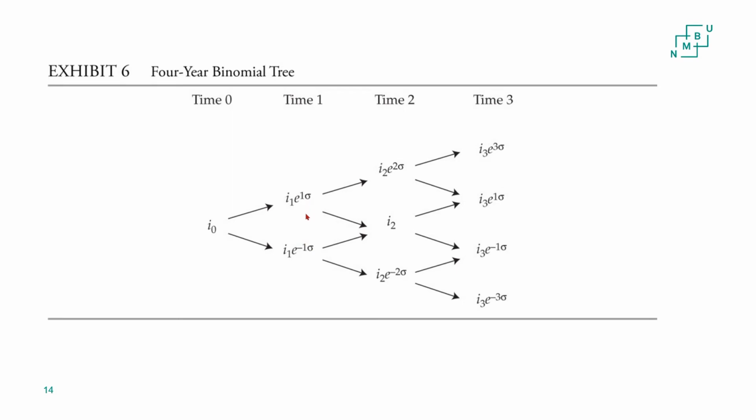And the relation between these two would be a difference of 2 standard deviations. And by just using this method, you can create the whole interest rate tree.